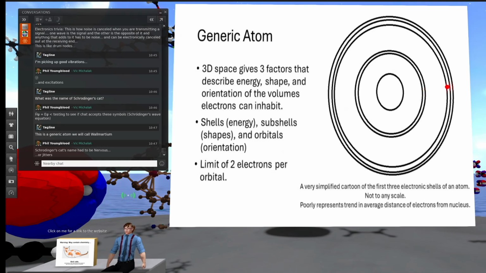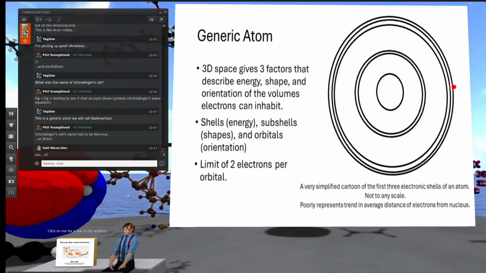In our third shell, we've got three subshells. How many would our fourth shell have?